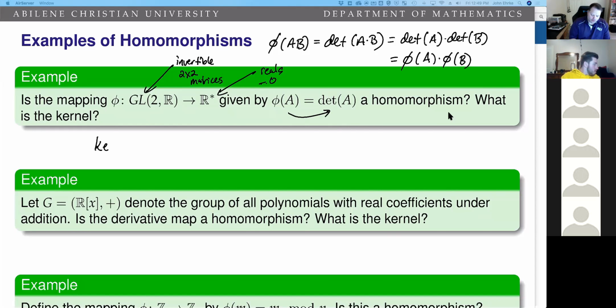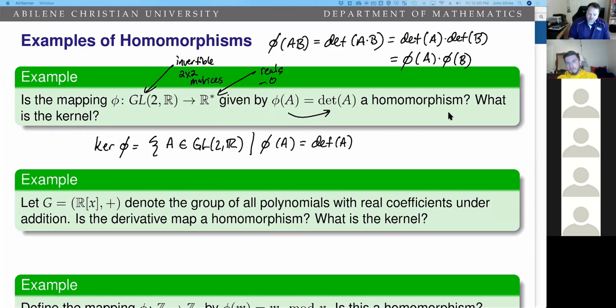So the kernel of the mapping is the set of all 2x2 matrices such that the mapping, which is the determinant map, sends those determinants to 1. And the reason why it's getting sent to 1 is that 1 is the identity element of the range group.